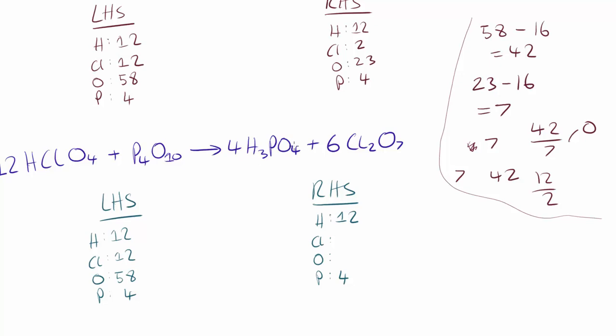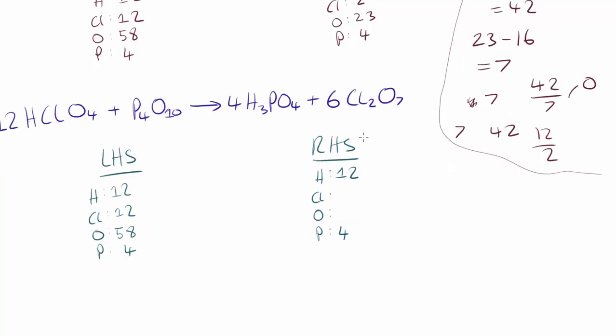So what has changed is oxygen and chlorine. For oxygen, we've got 4 times 4 plus 6 times 7, which is effectively 16 plus 42, which is of course 58.